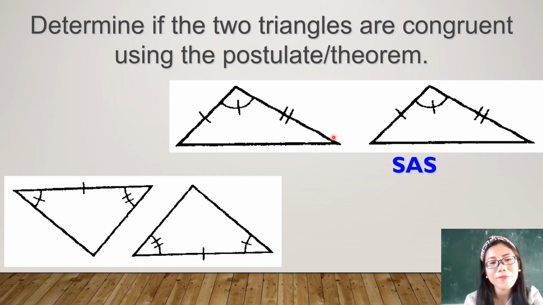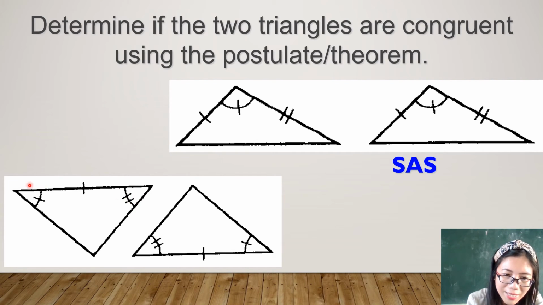Okay, now let's have another pair of triangles. Here you have an angle with one hash mark, which corresponds to this angle, one hash mark also. And this side, one hash mark, is also congruent. This angle, two hash marks, is congruent to this corresponding angle.